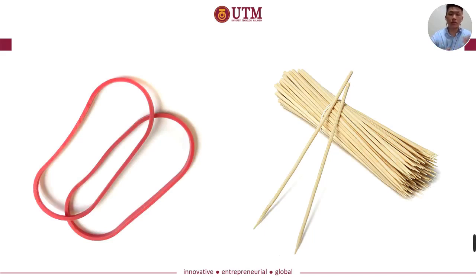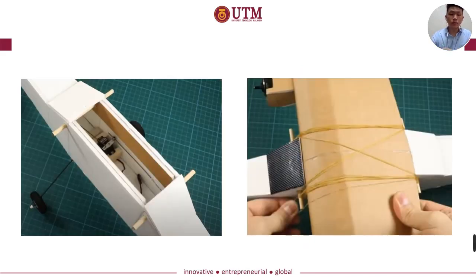They only need rubber bands and bamboo sticks. First, they pierce the bamboo stick through the fuselage, then put the wing on top of the fuselage and tie it with the rubber band.